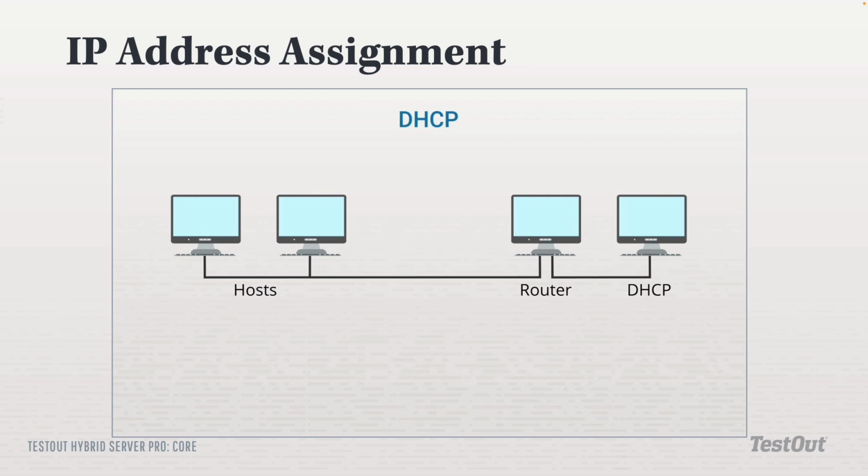Now, in a traditional case of what you're used to seeing at home, you most likely have a router that does DHCP for you. It does DNS for you. It does NATing for you. It does all of the things, probably Wi-Fi, for you. In the case of a more business network, all of these things are done by individual servers, or one server is going to do your DNS and DHCP, or you're going to have one that does DHCP and another server that does DNS.